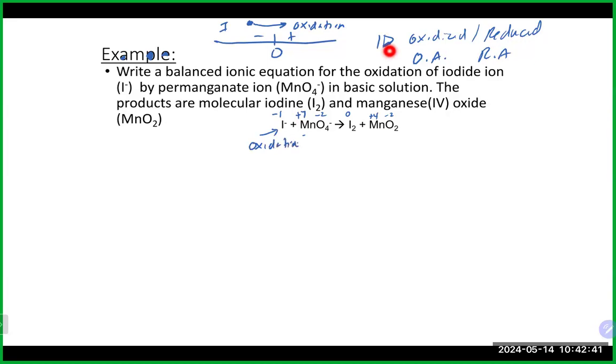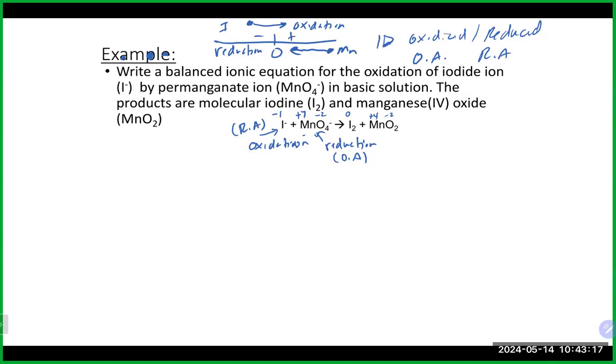That means by default our MnO4 is going to go through reduction, which we could also follow: +7 out here, and it's ending at +4, which means it is moving in that negative direction, and that means it is going through reduction. With that being said, that means our I minus is our reducing agent in this case, and our MnO4 minus is our oxidizing agent. Questions on any of those identifications?